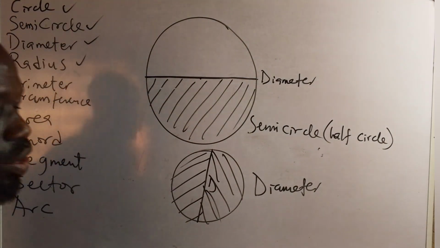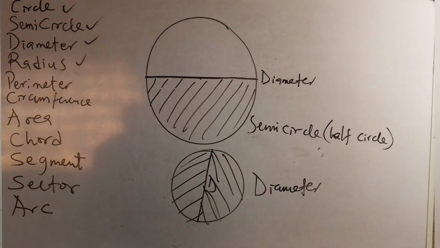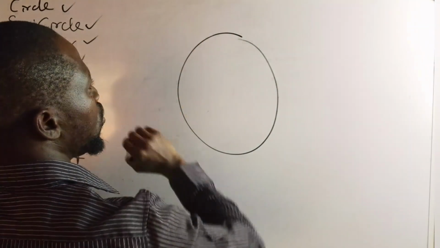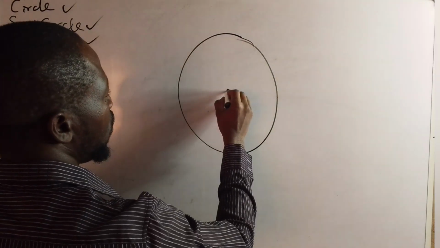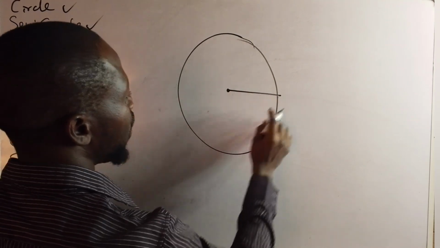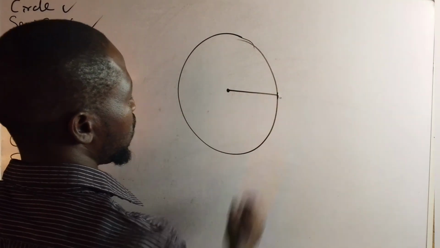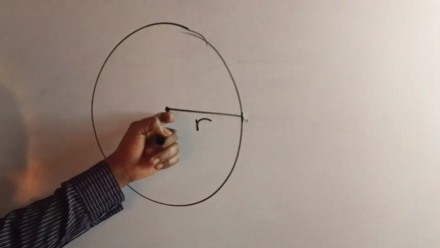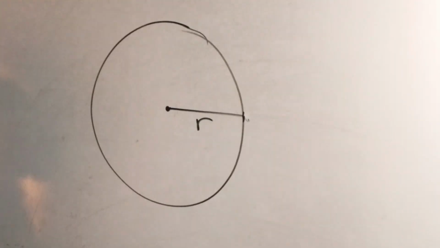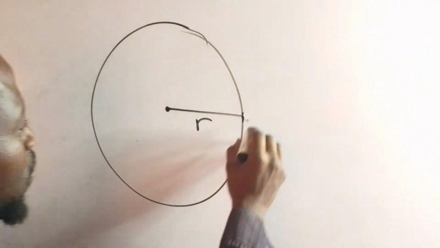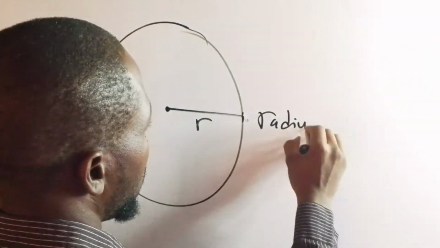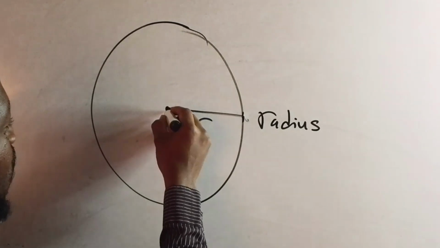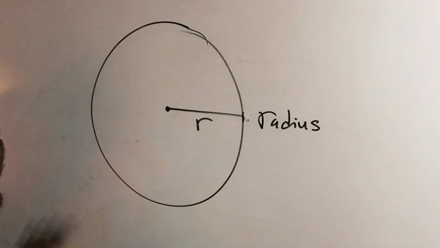Next is radius. What is radius? Radius is a line from the center of the circle to the circumference. All right? Line from the center of the circle to the circumference is our radius. So radius, any point from the center of the circle to the circumference is radius.